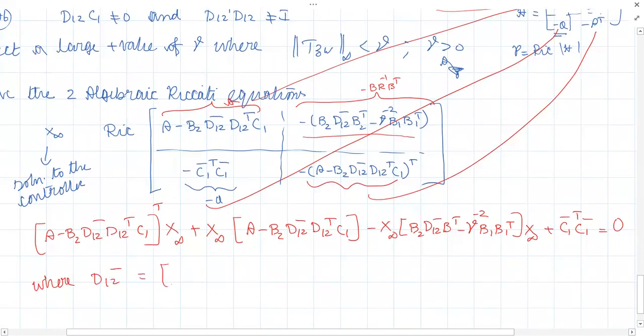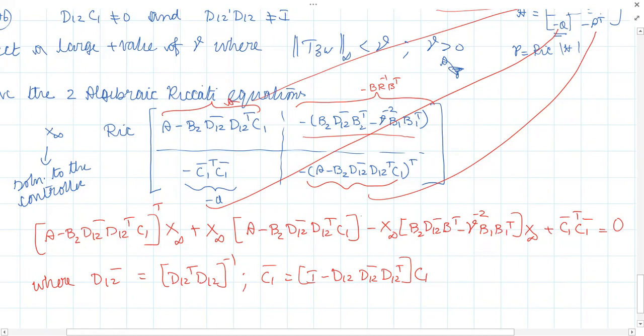D12 bar is nothing but D12 transpose D12 whole inverse. C1 bar is nothing but I minus D12 D12 bar D12 transpose into C1. This is what D12 bar and C1 bar are.